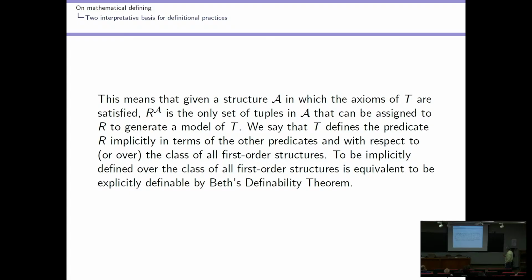So now in the first interpretative basis, we are given a structure which is a domain of individuals and extensions. Let us think of sets, right? You may think of R as unary to simplify. So the structure contains a domain of individuals and subsets of individuals, which are these R^A.